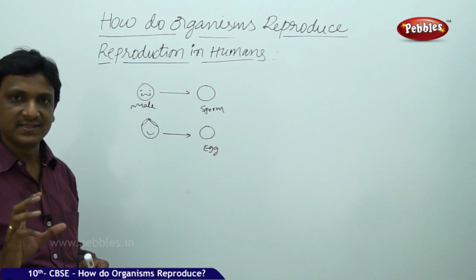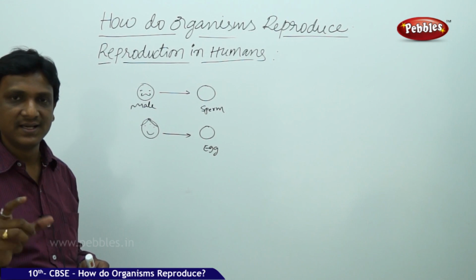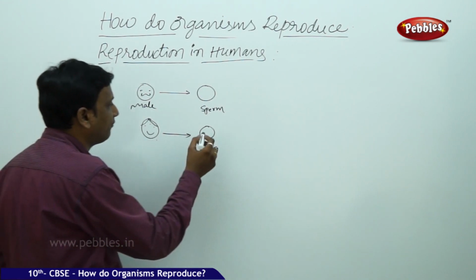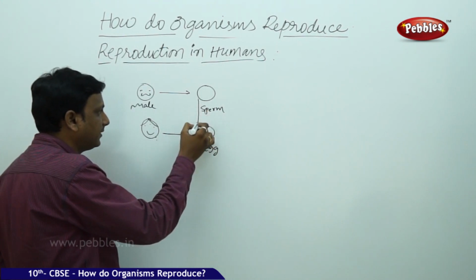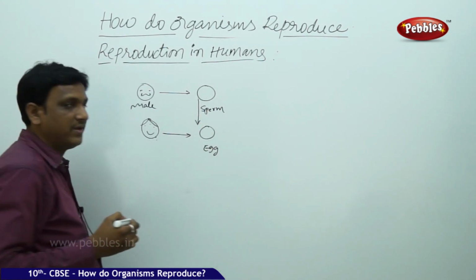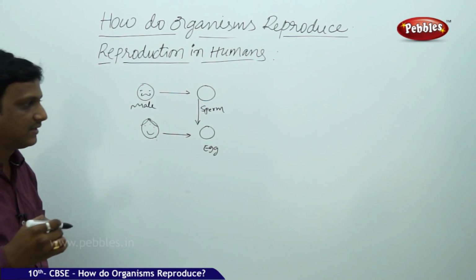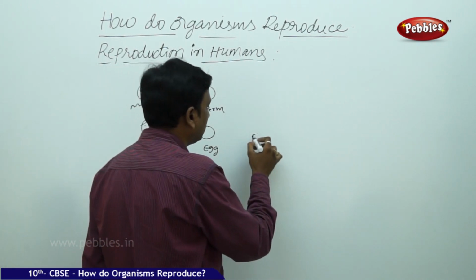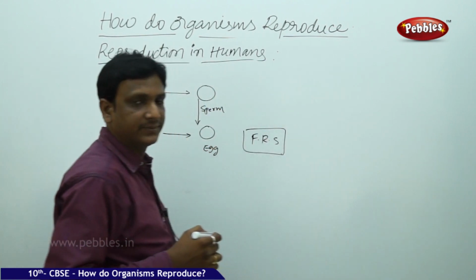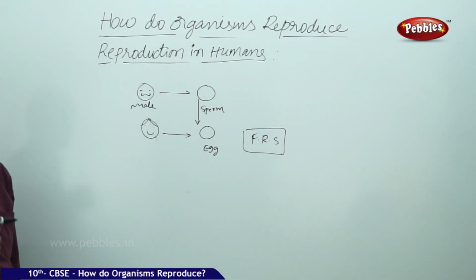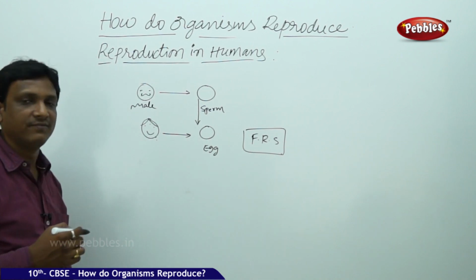But in most of the cases, higher animals including human beings, fertilization takes place in the body of the female. So the sperm has to be transferred to the female's body, and inside the female reproductive system, the fusion of male and female gamete takes place, and the formation of zygote takes place in the female reproductive system.